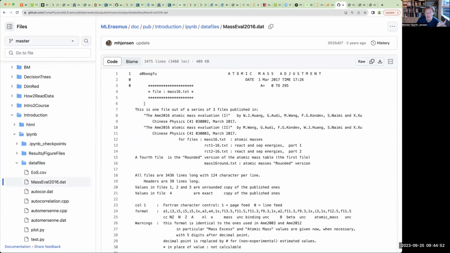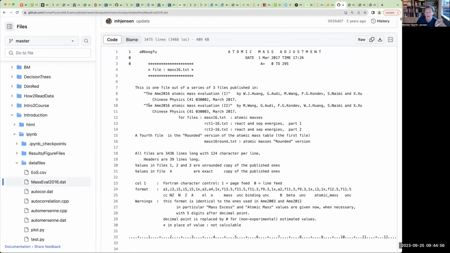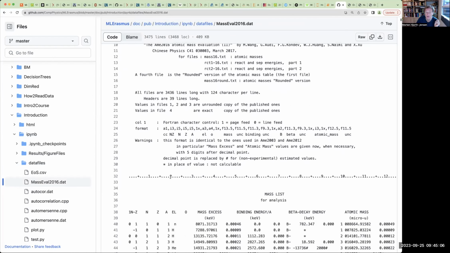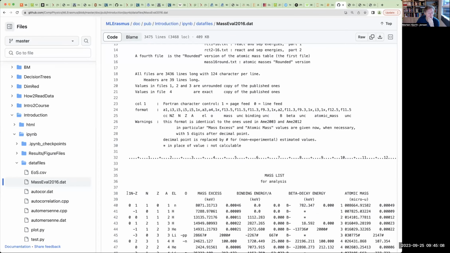I haven't updated it yet, but this is the output from a Fortran file. It has a specific format where A stands for a character of length 1, and I stands for an integer. So what it contains, as you can see here, is a space first, and then the first number is an integer.